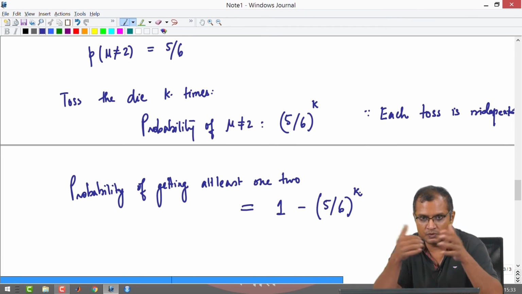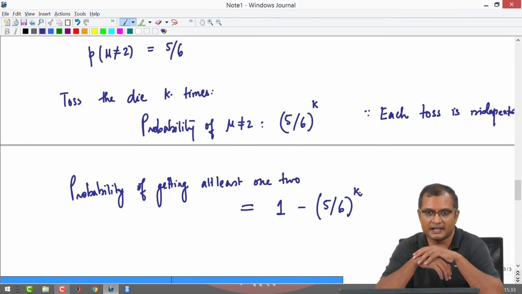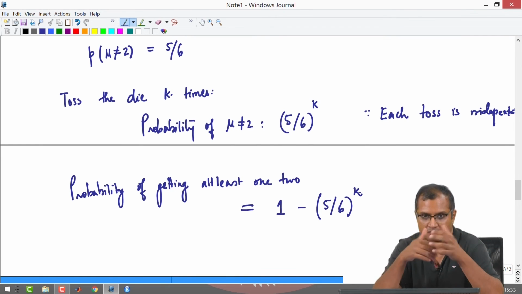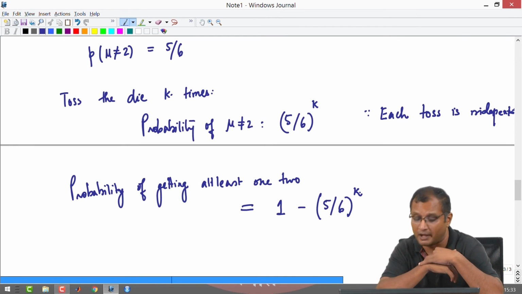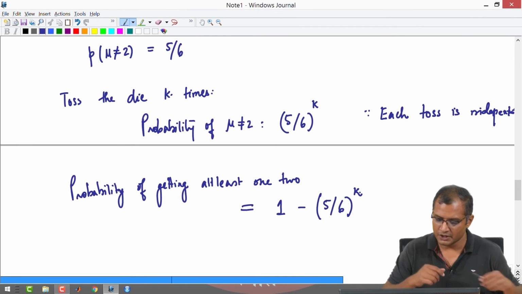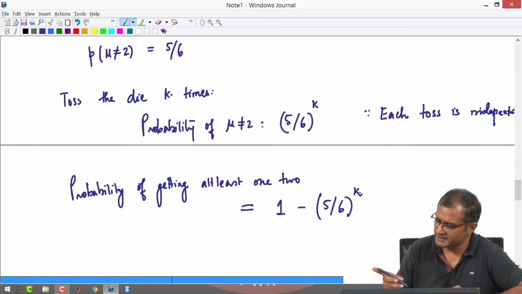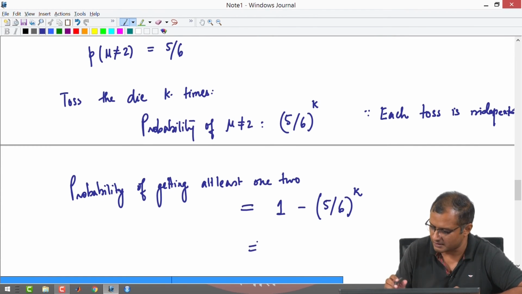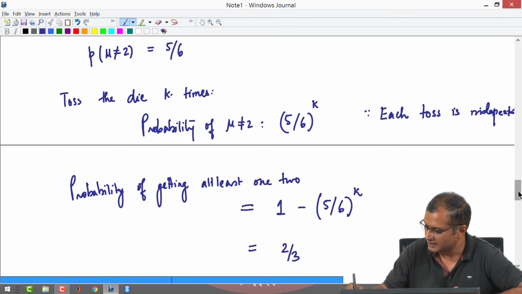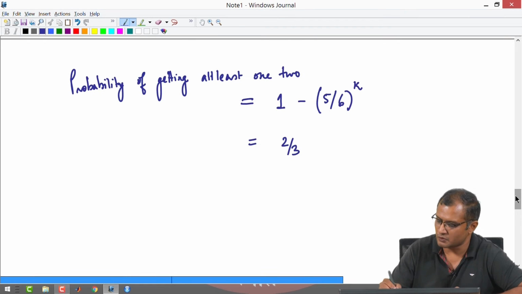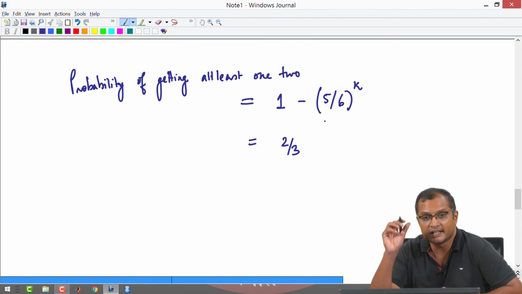The sum of these two regions is basically your entire sample space, which is denoted here as probability 1. Okay. So, what is basically given to me is that 1 minus 5/6 to the power k is given as 2/3. So, this is the desired probability of getting at least one 2.